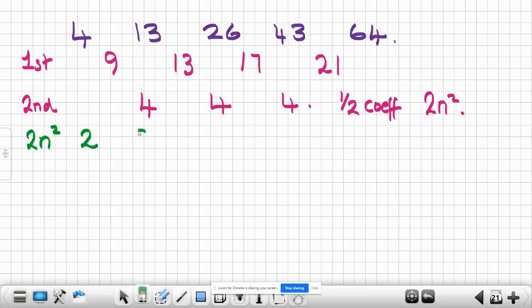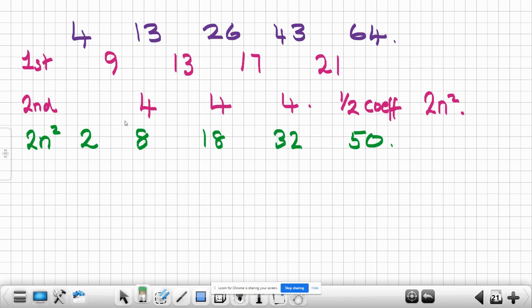Instead of 4, we get 8. Instead of 9, we get 18. Instead of 16, we get 32. And instead of 25, we get 50.